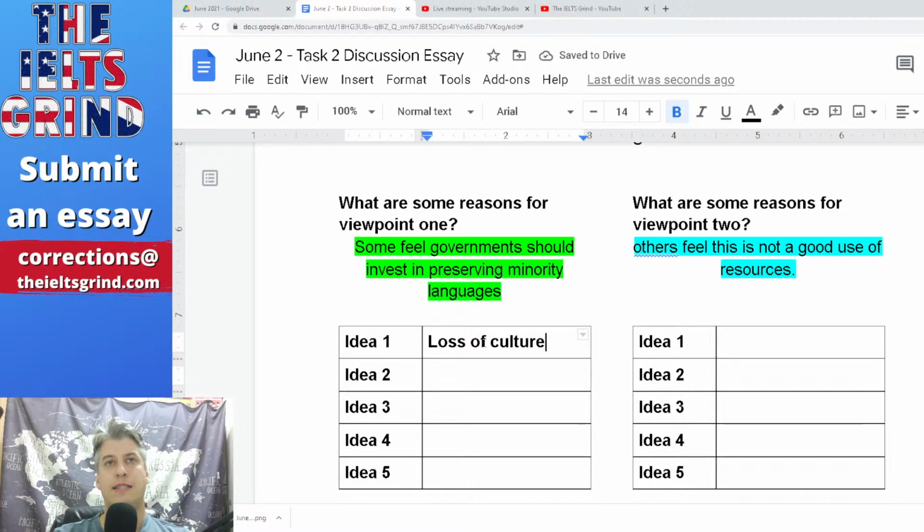The idea here is that languages and culture are very closely connected. If you lose some languages, you're going to lose connection to that culture. Yeah, Marish, I stole your idea. I'm so sorry. We had the same one. Culture is a kind of obvious one here.